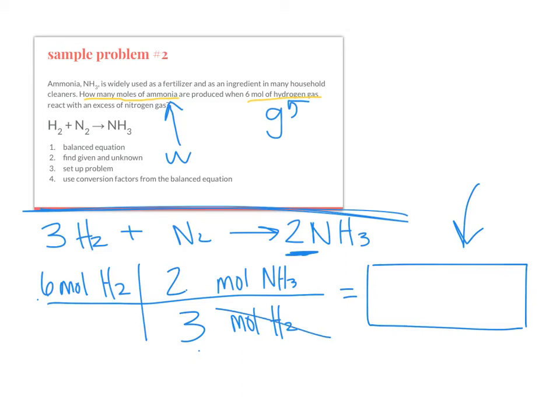Don't forget about your unit, which is going to be moles of ammonia, which is what we wanted in our unknown. Yay. If you don't even have a scientific calculator, if you turn your iPhone sideways, it's scientific, but you really don't even need a scientific calculator. Literally, the cheapest calculator will work for this. Your brain could even work for this, but I digress.